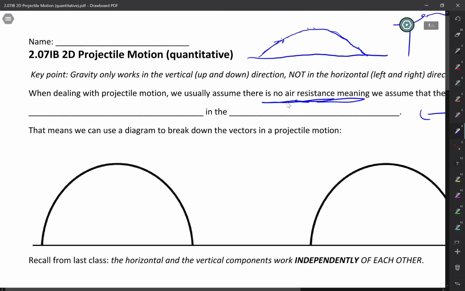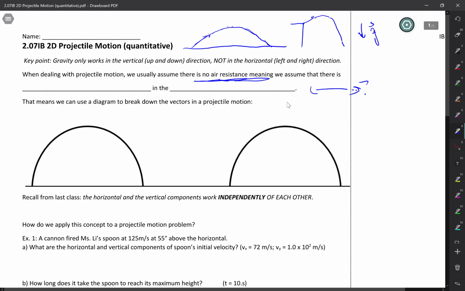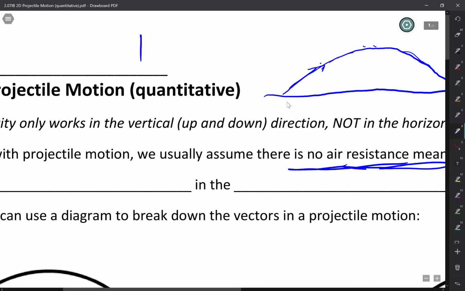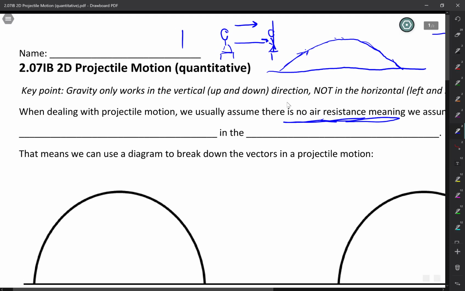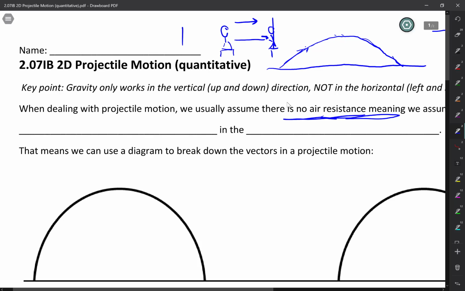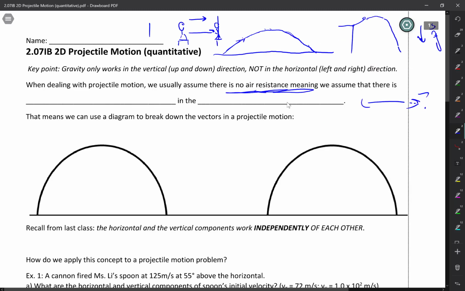If there was gravity acting in the horizontal direction, if you were sitting at your desk right now, and there was horizontal acceleration, you'd be thrown against the wall immediately and stuck there without being able to move. There can never be horizontal acceleration, especially not gravity. Gravity doesn't act on us horizontally. With no other forces acting on this object, we deal with no acceleration in the horizontal direction.